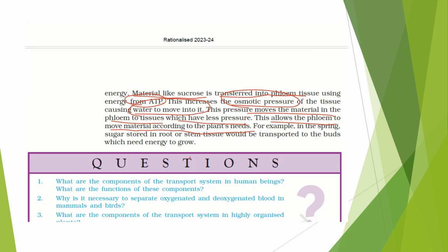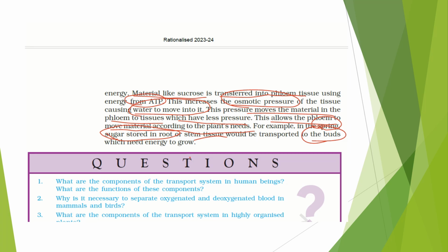For example, in the spring, sugar stored in the root or stem tissue is transported to the buds, which need to grow. So during the spring season, what will happen? The sugar stored in the root or the stem will be moved to the buds, because at that time the flowers need to bloom. The flowers need more energy.